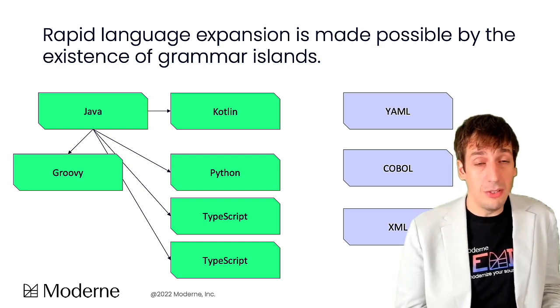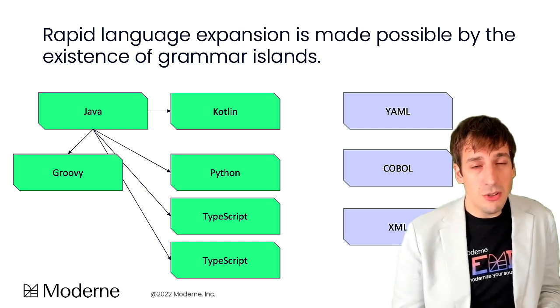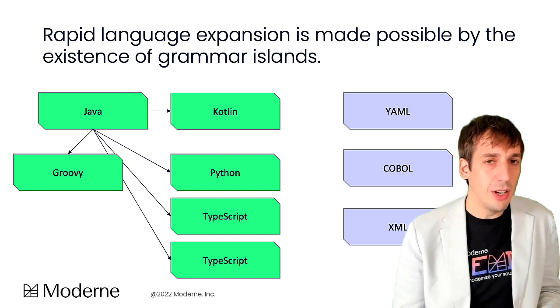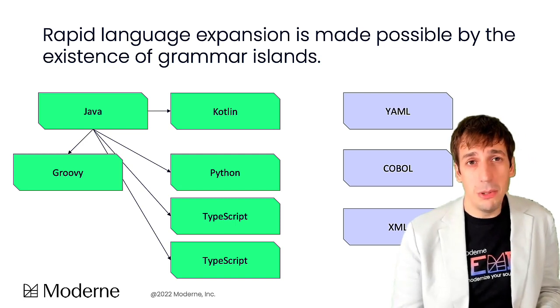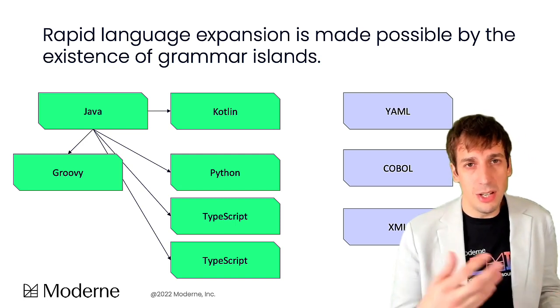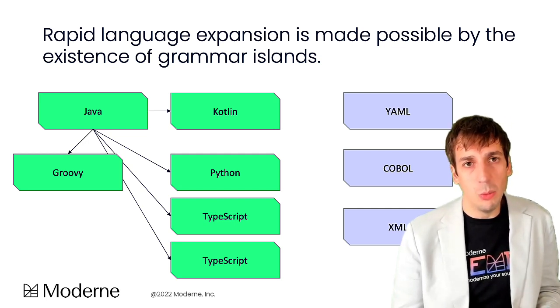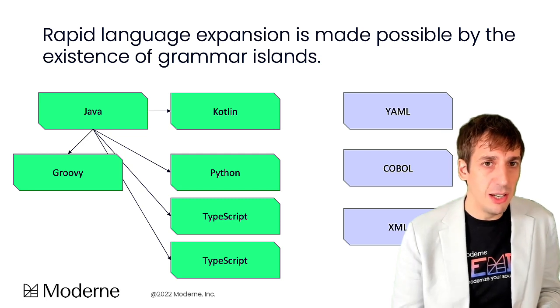That's a very surprising result, I think. Interestingly, Python, TypeScript, and .NET are also on that same grammar island with Java. And so some of the base building block recipes we've written, like change method name, import manipulation, these sort of things, will automatically work on those new languages as they come online.